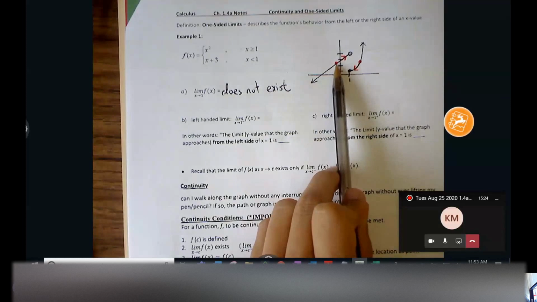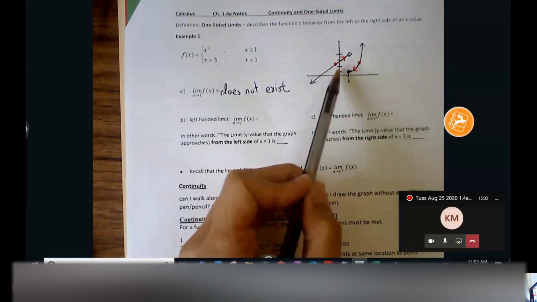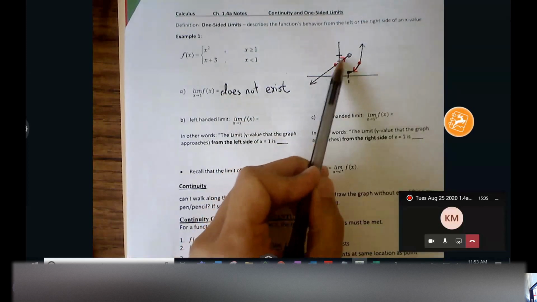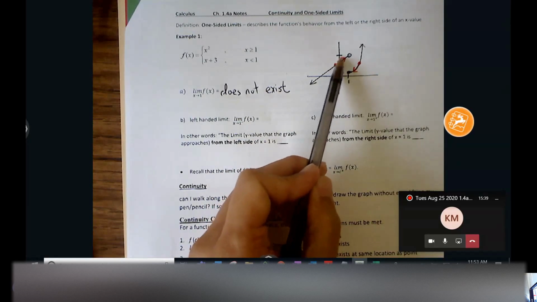That point indicates that I'm starting to the left of 1. That's my starting point, and then I'm going to move towards 1 from that point. That's why I drew the arrow to the right. And as I approach 1 from that point, I see that my arrow is getting closer and closer to a y value of 4. So that's my one-sided limit.